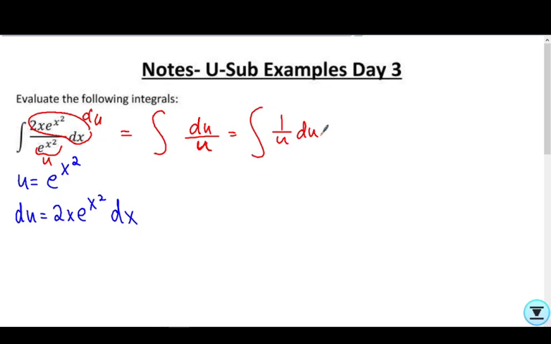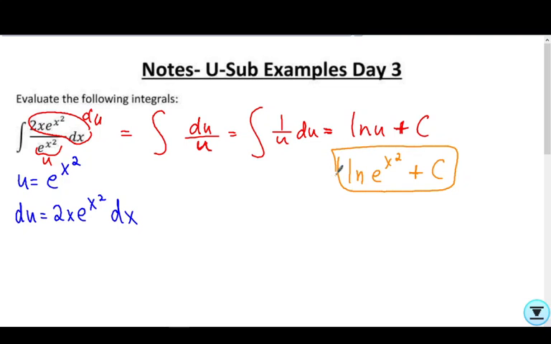But basically, the antiderivative is going to be the natural log, because the antiderivative of 1 over u is ln of u plus c. And then of course we plug in u at the end, so we get the natural log of e to the x squared plus c. And that's our answer.